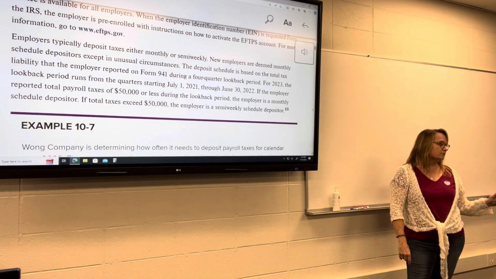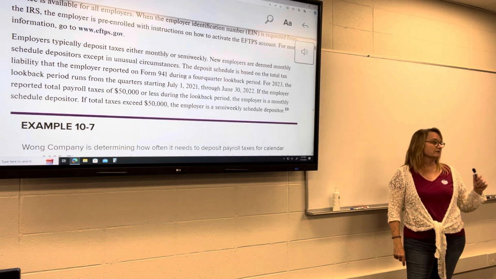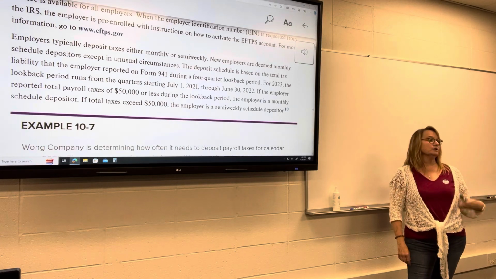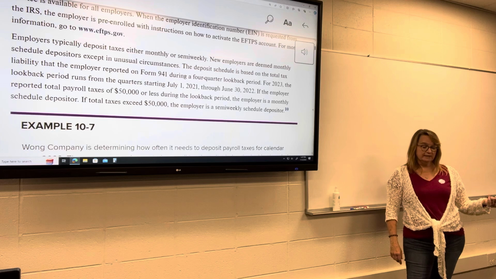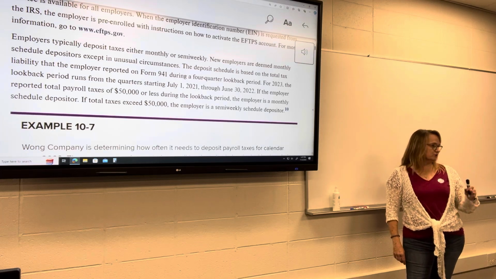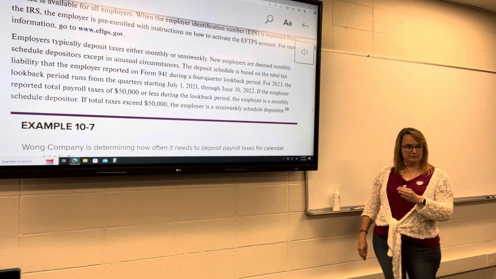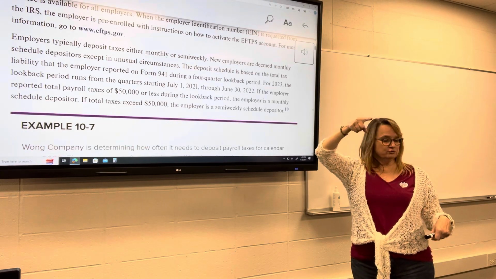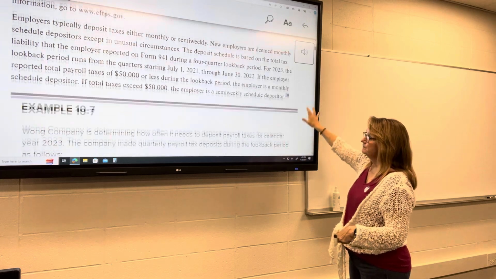The IRS notifies businesses in November of every year what their schedule is going to be for the next year. So businesses are getting notices right now, presumably, for starting January 1st, what their deposit schedule is going to be. And it's based on July 1st, 2023 through June 30th of 2024.